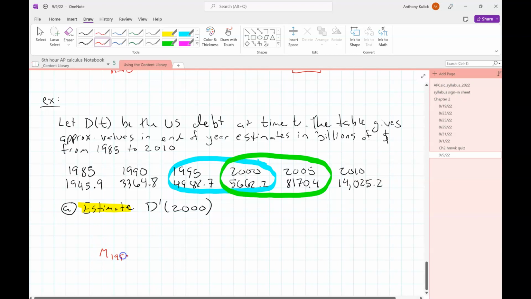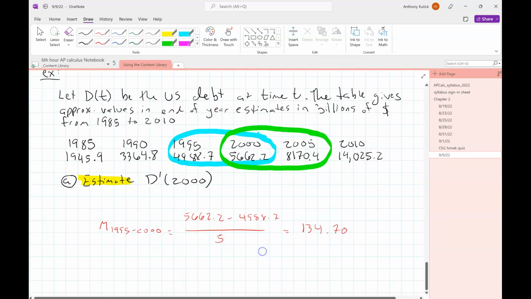Okay. So I'll do the slope from 1995 to 2000 first. And we'll do the slope from 2000 to 2005 second.